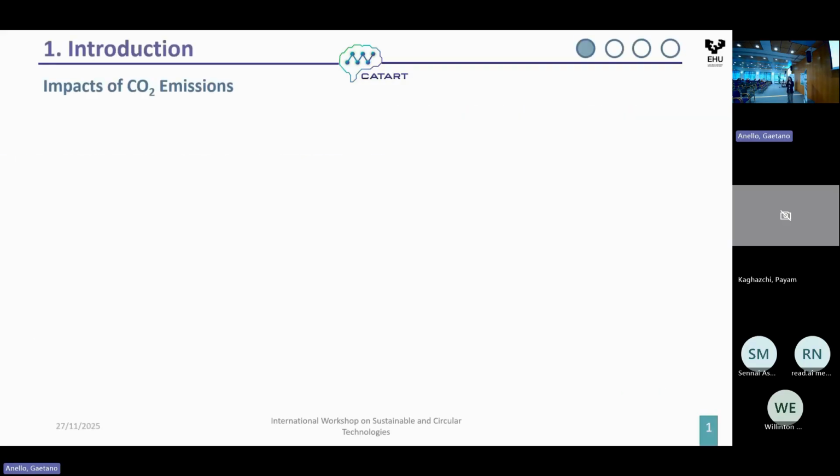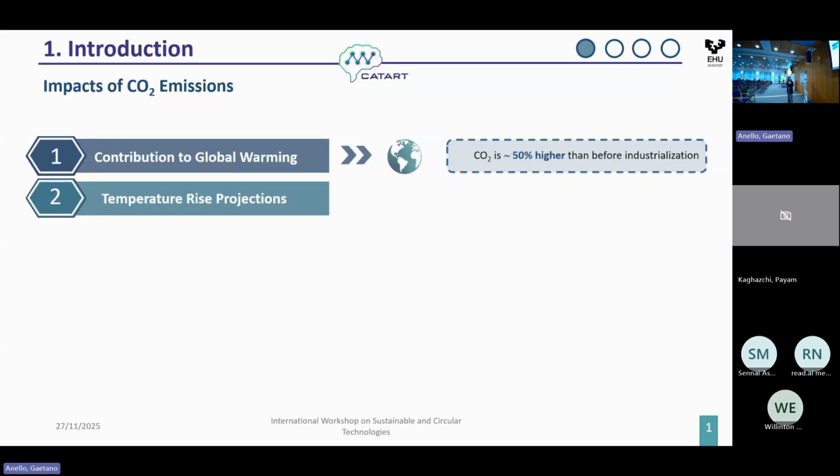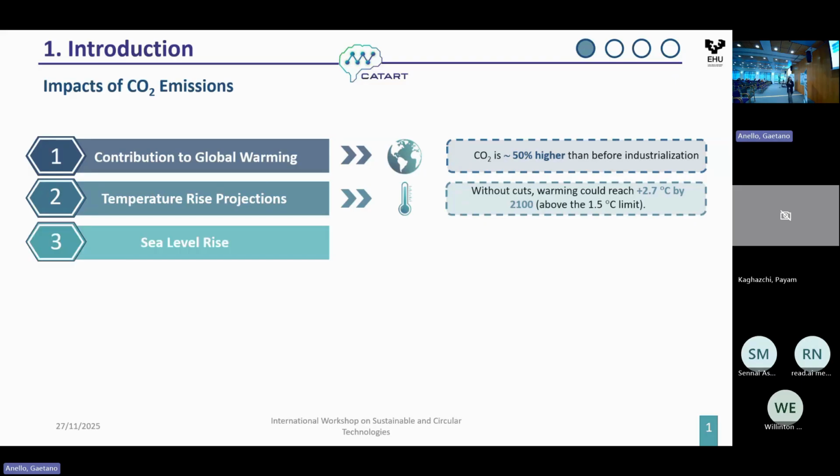So today I'm going to show my latest results on CO2 to CO conversion. Just a super quick overview of the impacts of CO2 emissions. As you know, it contributes to global warming, because we have 50% more CO2 in the atmosphere than in the pre-industrial era. We also have temperature rise projections. By the end of the century, we were planning for 1.5 degrees Celsius, but we are almost going to have 3 more.